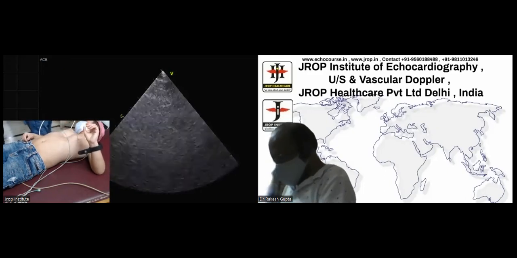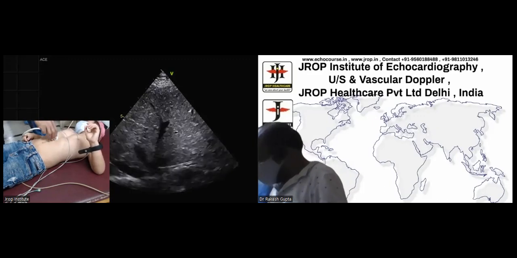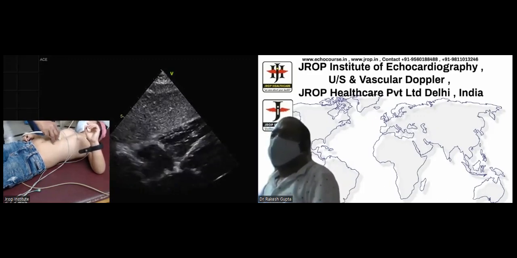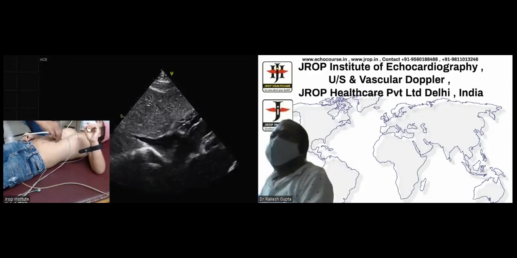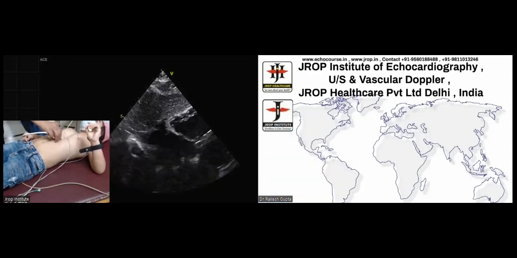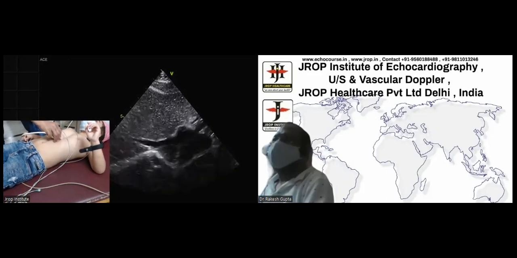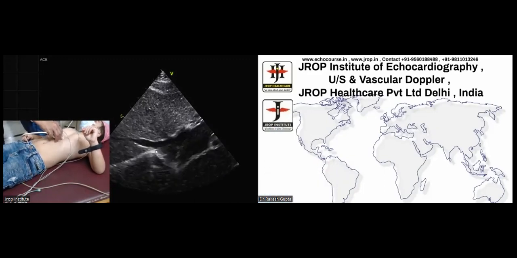To measure RA pressures. I'm not going to talk on this right now, but this is how I identify my morphological RA. And this morphological RA, as I said, has a eustachian valve, which is attached to the superior margin of the IVC, directing blood from the IVC to the fossa ovalis.